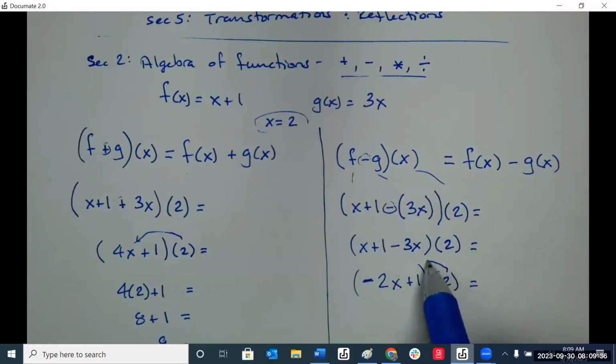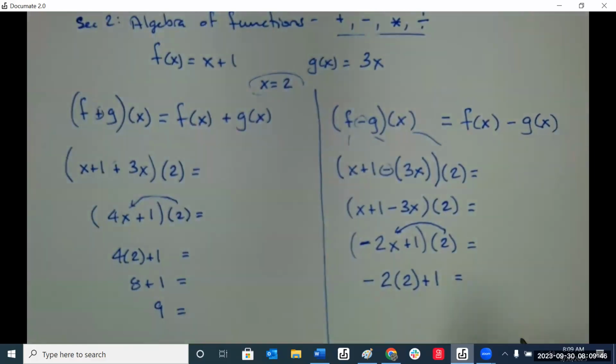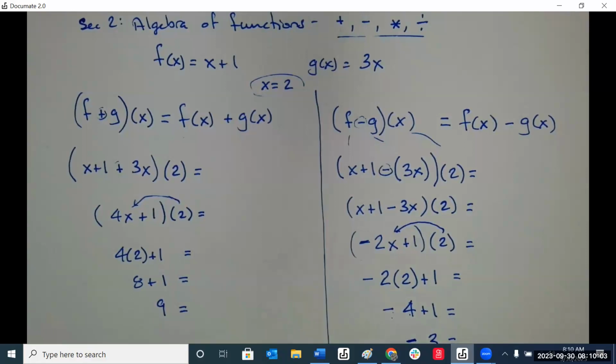So now anywhere I see an x, I put a 2. Negative 2 times 2 plus 1. Negative times positive is negative. 2 times 2 is 4. Negative 4 is bigger than 1, so the answer is negative. 4 minus 1 is 3.